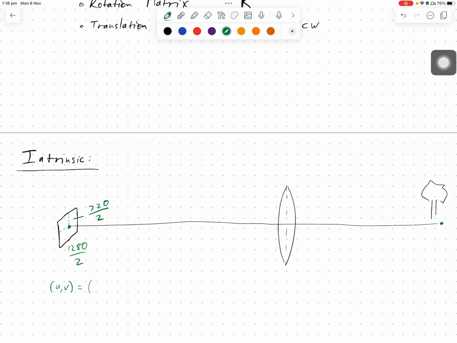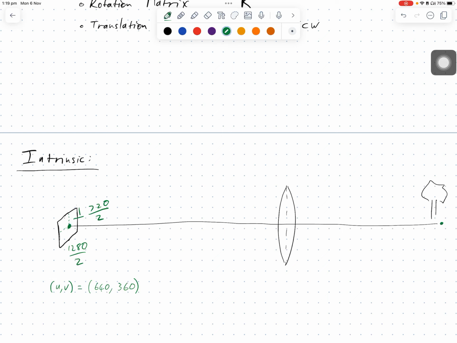The UV coordinates there are going to be 1280 on 2, which is 640, and 720 on 2, which is, what's that, 360. So, that tells you the sort of UV coordinates of this point here.